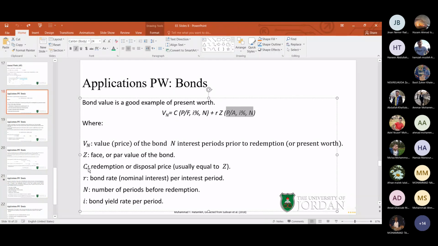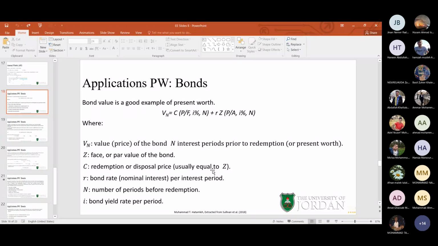Z and C are the face value and the redemption value of the bond. R is the bond rate. N is the interest periods or number of periods before the redemption happens. And finally, I is the bond yield rate per period, which is the effective bond yield rate. It's a straightforward application of the present worth method.